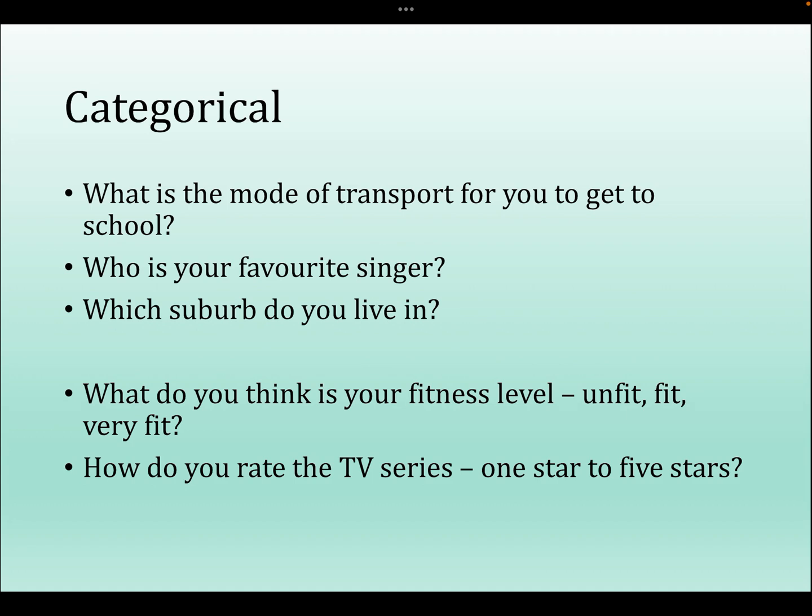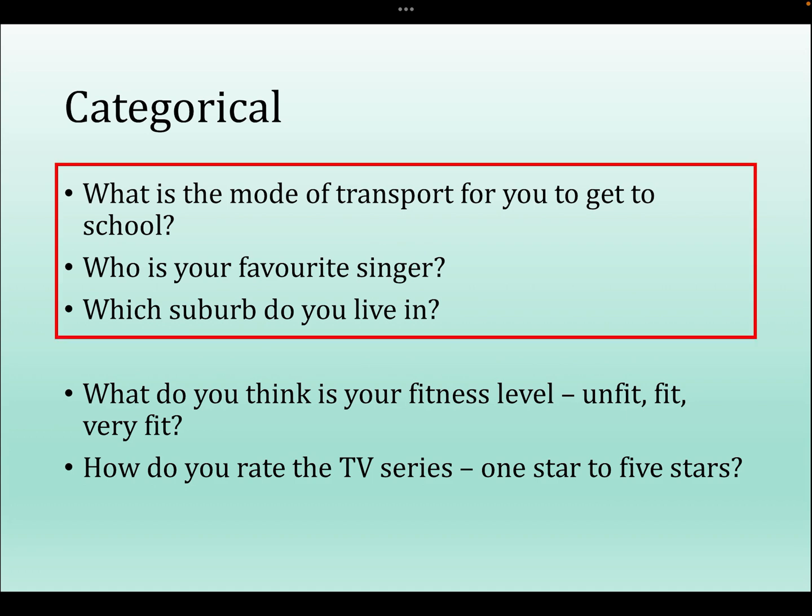Now, you can see that there is a difference between the first three questions and the last two. The first three questions, mode of transport (bicycle, train, bus, driven to school), favorite singer, and the suburb, let's say Subiaco, Mosman Park, Shenton Park.